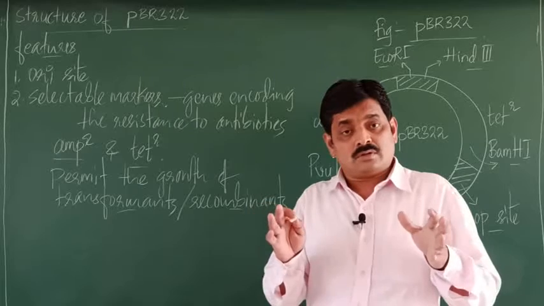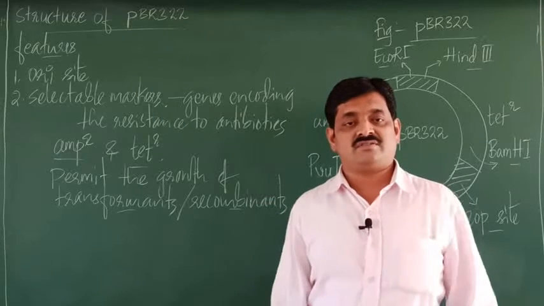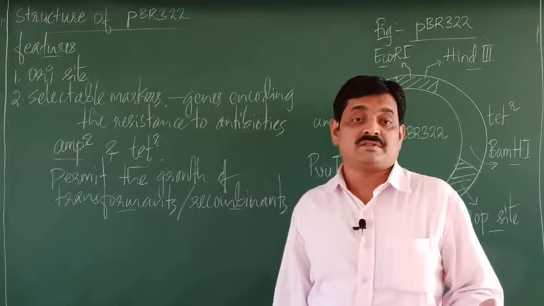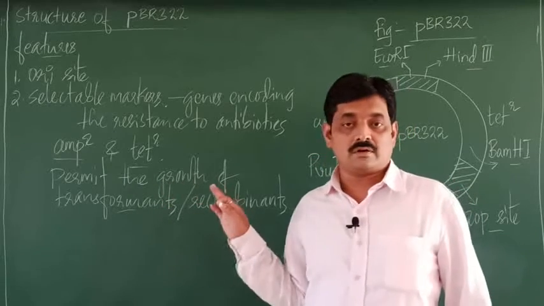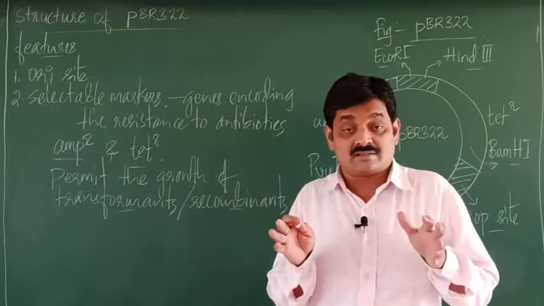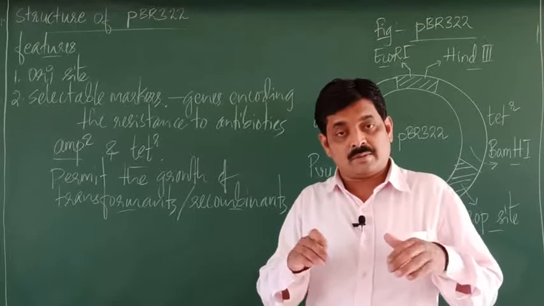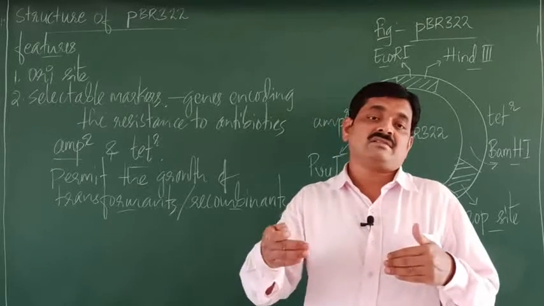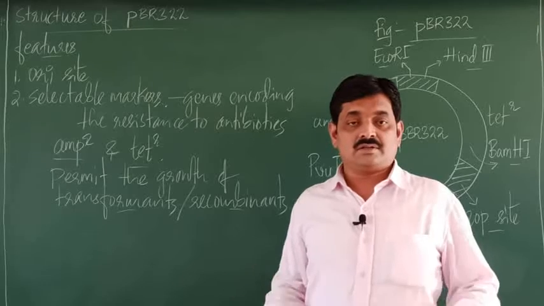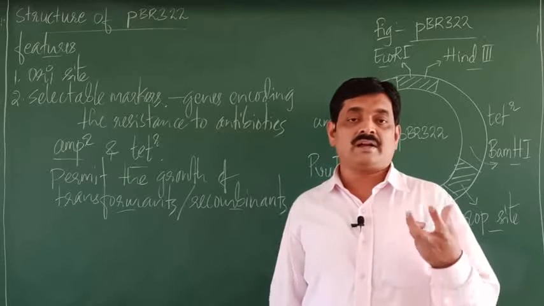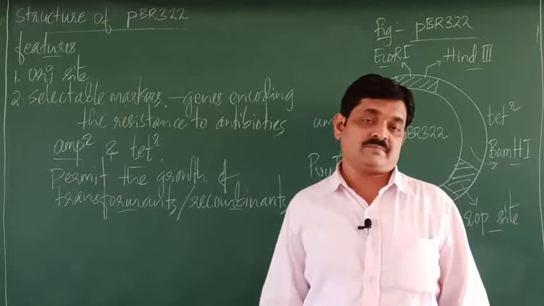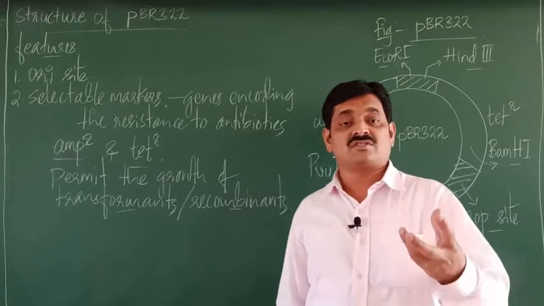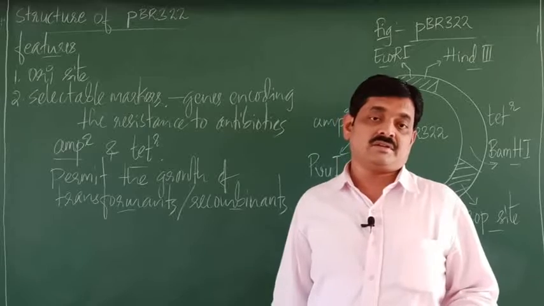So this is how growth of such cells takes place. So selectable markers permit the growth of transformants. Means these cells survive, they multiply and they increase in number, right? So selectable markers provide resistance to antibiotics.